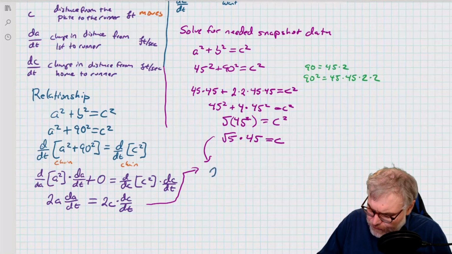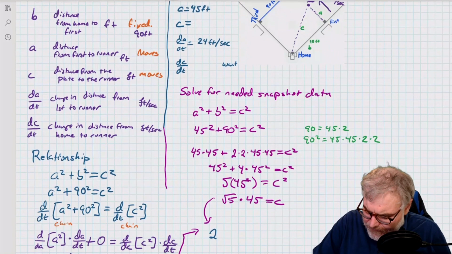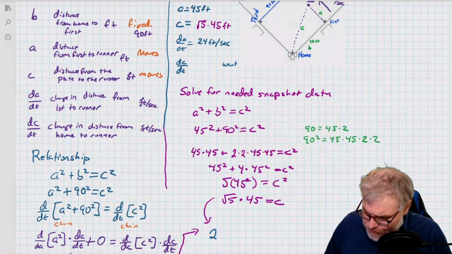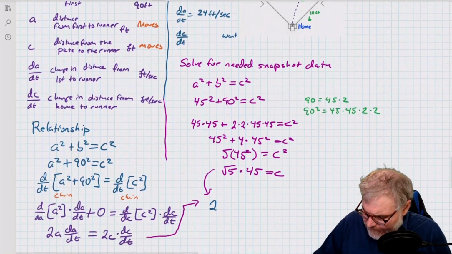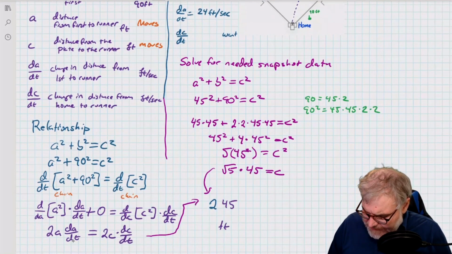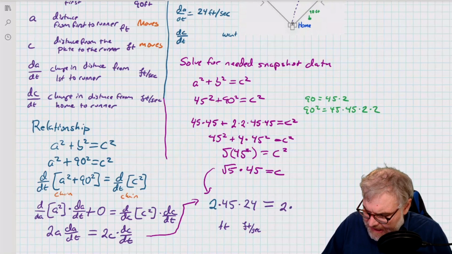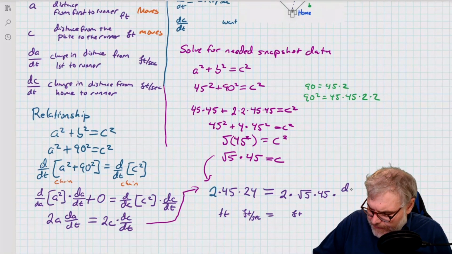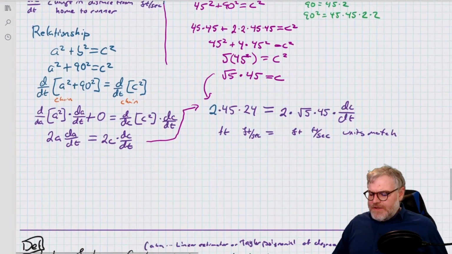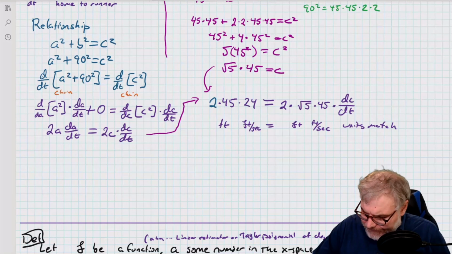I have 2 times A, and my A in the data here was 45 feet, times dA over dt, equals 2 times C times dC over dt, which is the thing I want. And my units match, which is just a little check for myself. So this is going to become my answer.